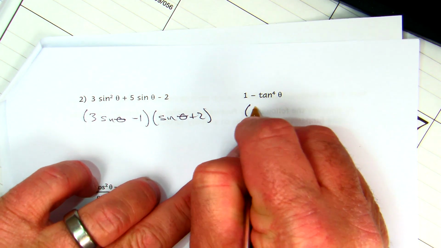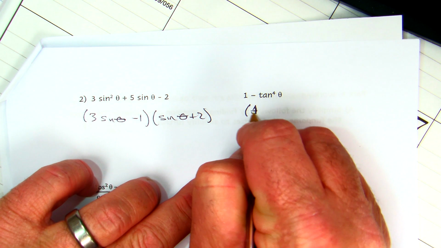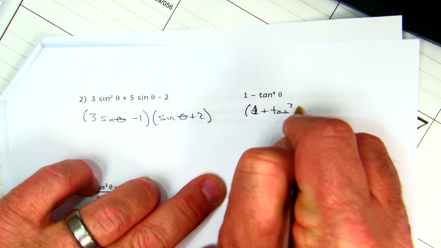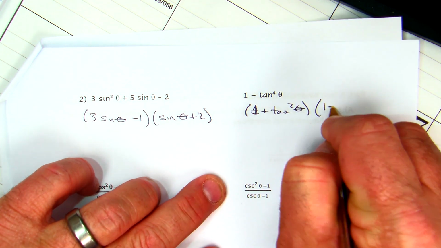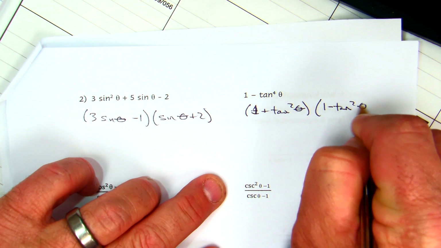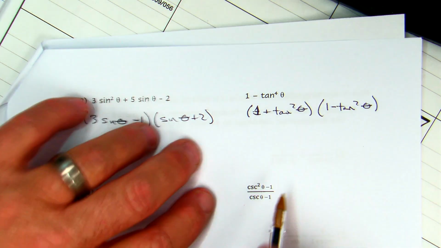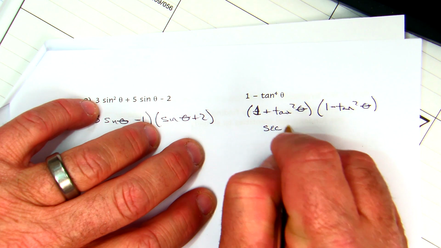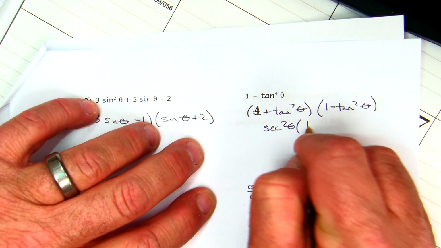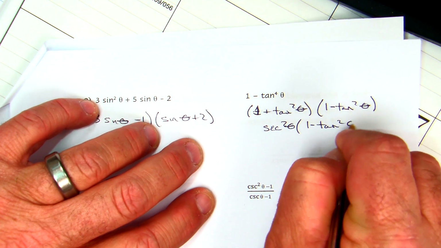However, if it's not a quadratic and you factor it into the two binomials, there may be work you have to do. So for example, 1 plus tangent squared theta is equivalent to secant squared theta, 1 minus tangent squared theta.